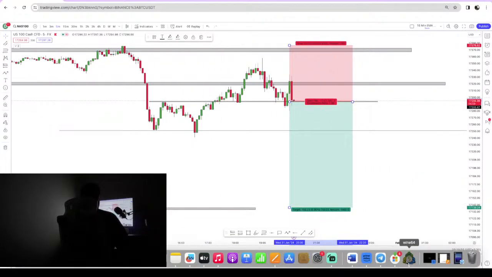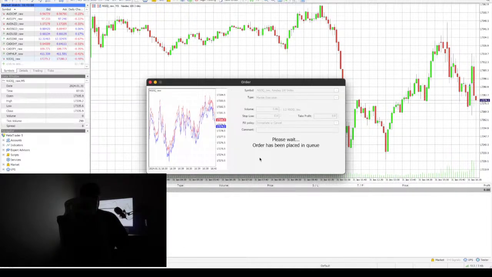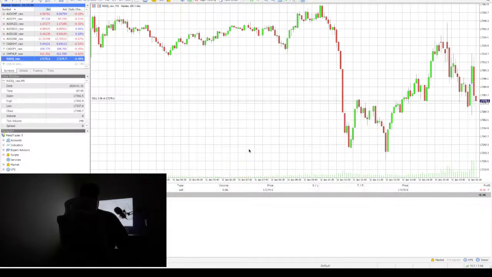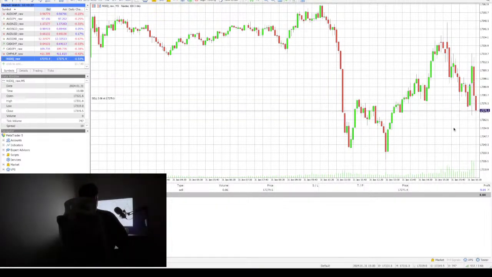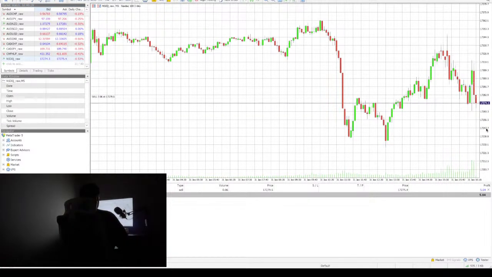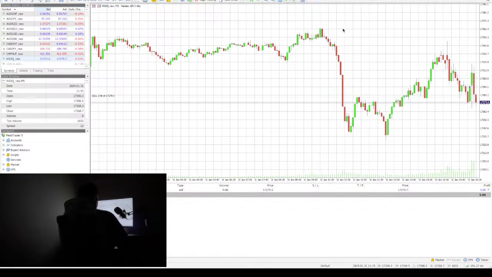Okay, I'm opening this trade, right? We have opened this position here. I'll tell you what is the risk appetite in this trade. 17362.